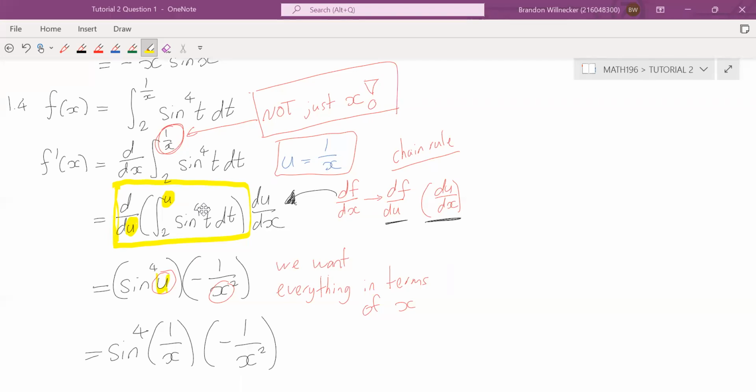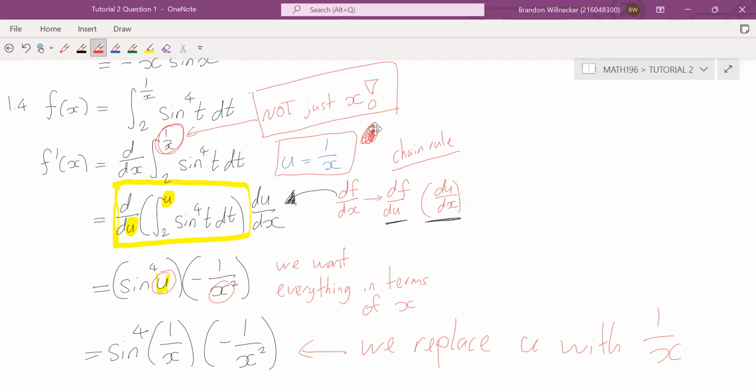But we can't have u and x variables. So in this last line, we replace u with 1 over x, because that's what we put over here. u is 1 over x. So now everything is in terms of x, which is what we want.